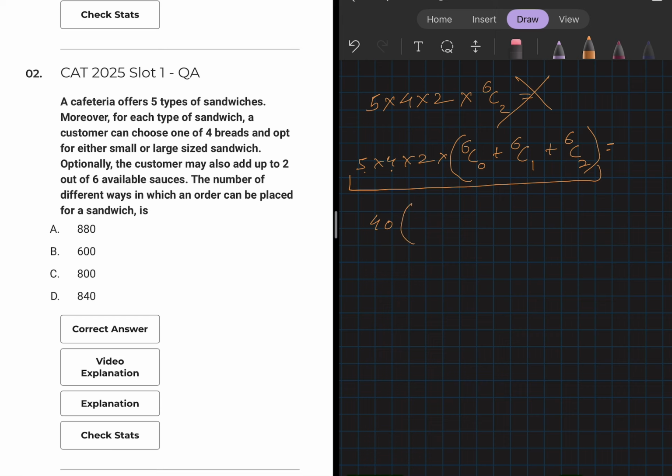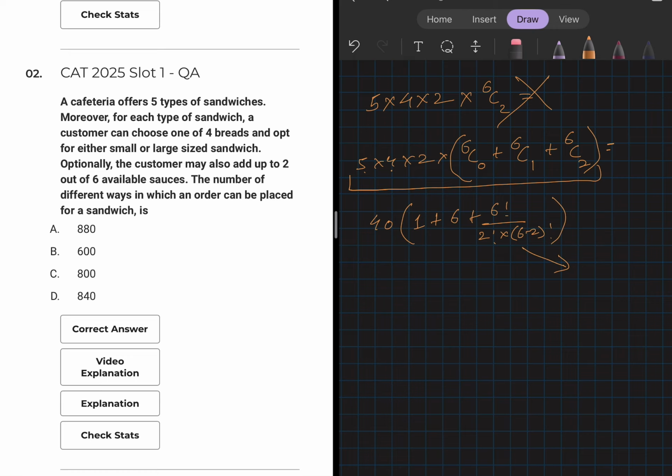Then 6C0 is 1, because there is only one way you can select no sauces. And how many ways can you select 1? 6C1 is 6. Now 6C2, the formula is 6 factorial by 2 factorial by 6 minus 2 factorial.